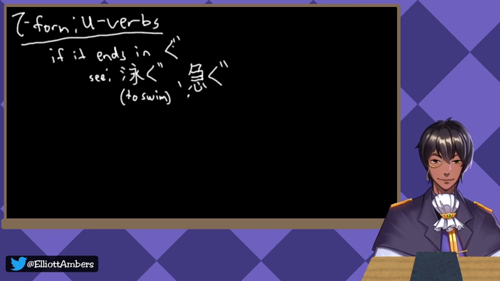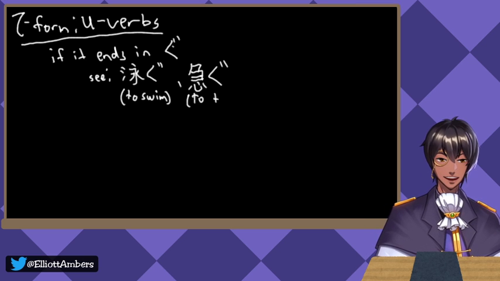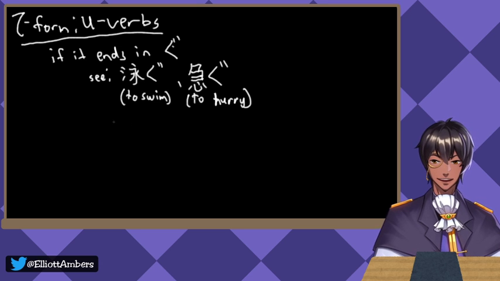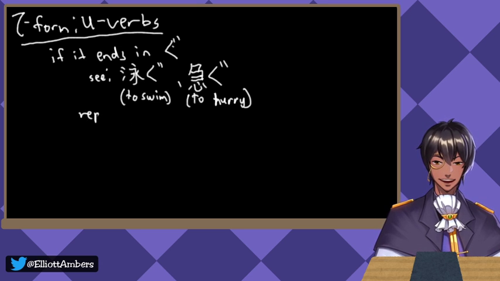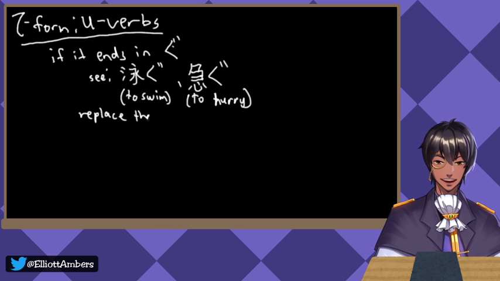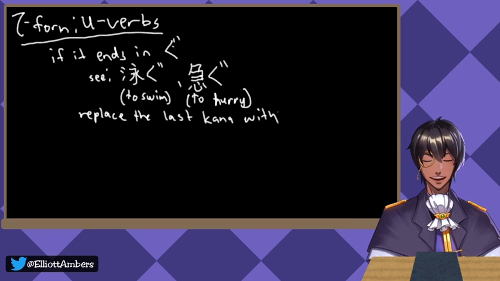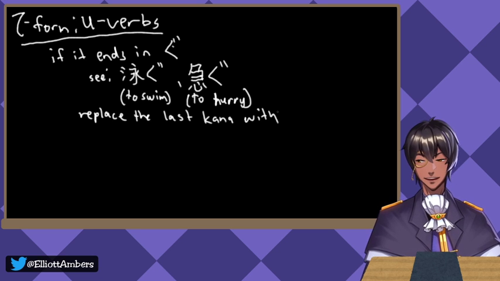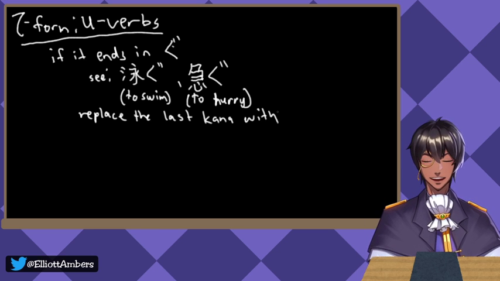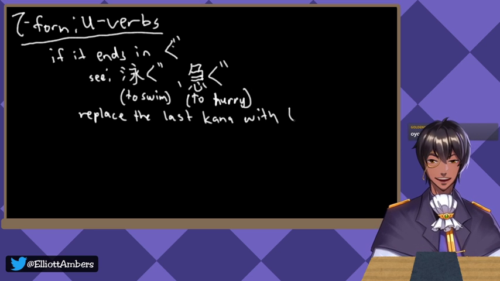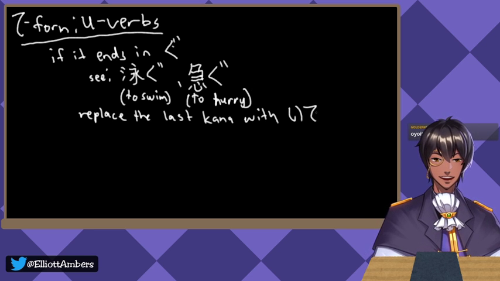So this is to hurry. We replace the last kana with... So if ending with ku made us replace the last kana with ite, gu, very similarly, is going to make us replace it with ide.